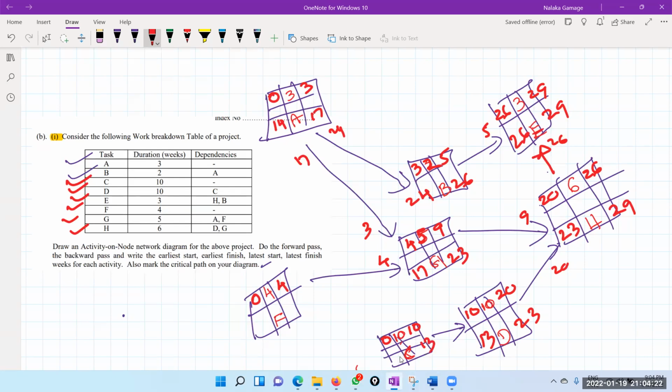And 13 minus 10 is 3. Critical path and I don't get where the issue is.